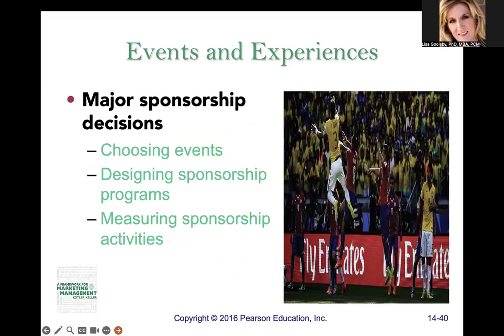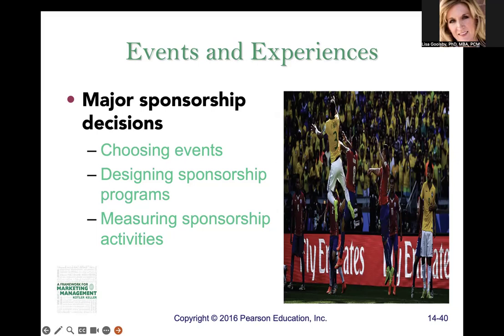So, a couple things that you could do for events. You could do sponsorships, choosing that event, designing the program, and then measuring the activities that you do. So let's just say you decide to sponsor an event, you get your name put up on a banner. What other things can you then do to make that banner more effective?